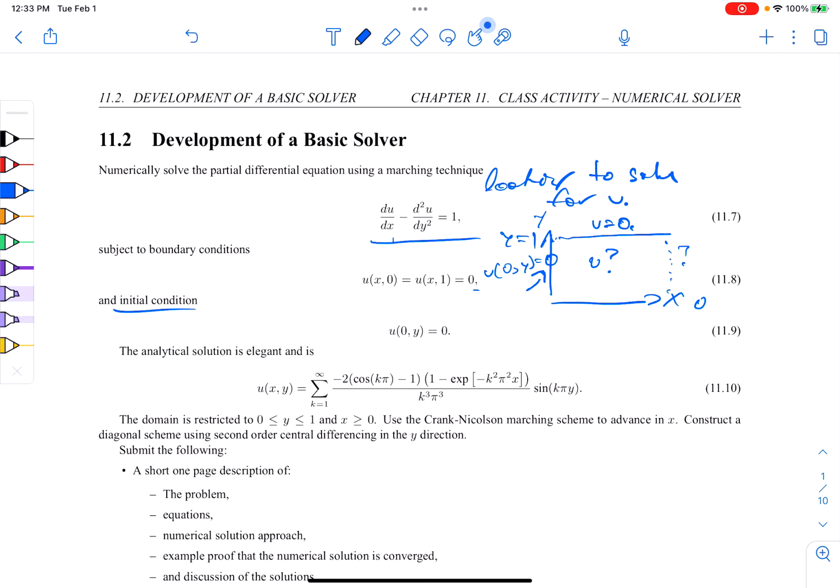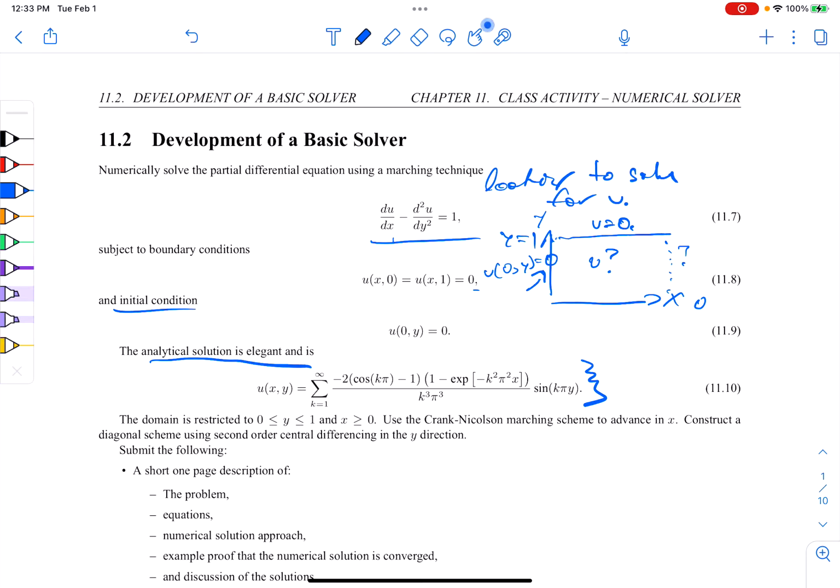And I have shown, through a little bit of effort back in December in my office, the analytical solution, which I think is rather elegant, and I've just written it out for you. It involves u of x, y, so you can set x and y anywhere.